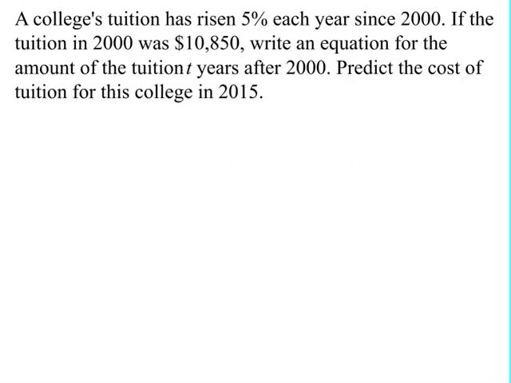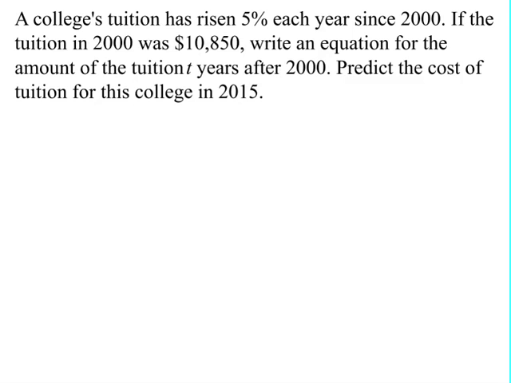It says a college's tuition has risen 5% each year since 2000. If the tuition in 2000 was $10,850, write an equation for the amount of tuition t years after 2000. Predict the cost of tuition for this college in 2015. So this is just like the previous problem.